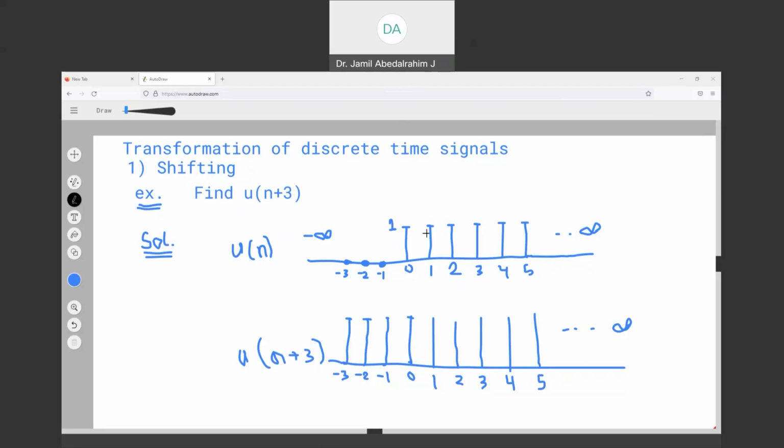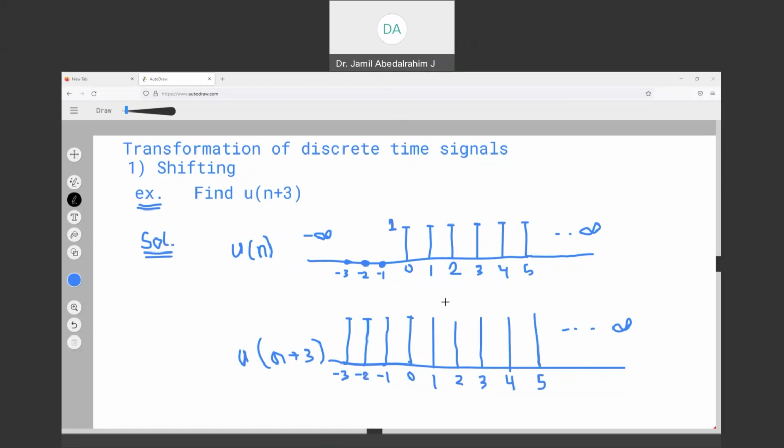Okay students, so simple. If we have +3, our starting point will be -3. If we have +5, we start from -5, and so on. That's the shifting to the left side.